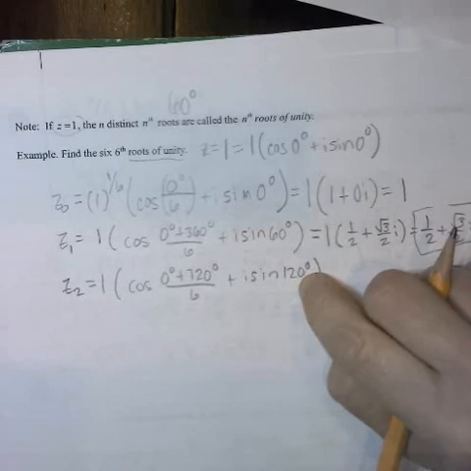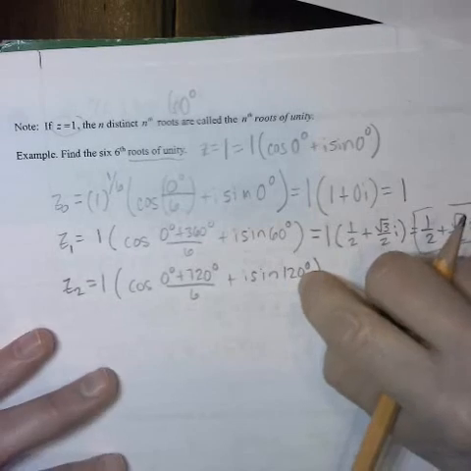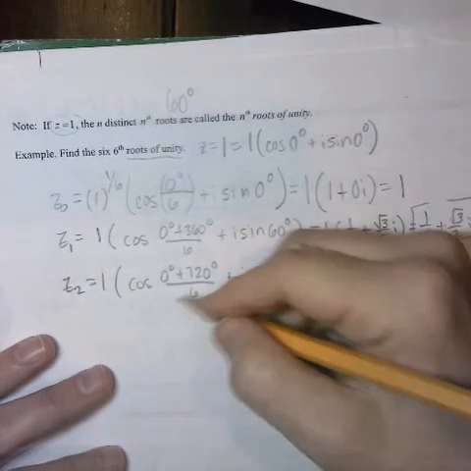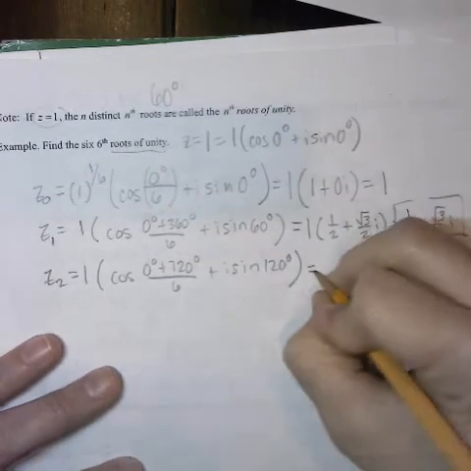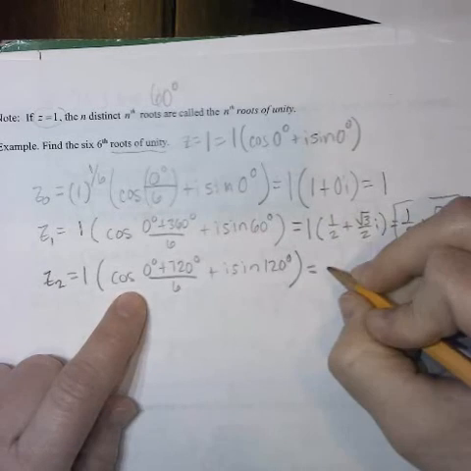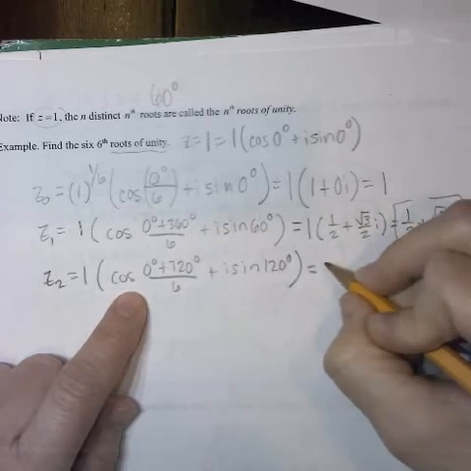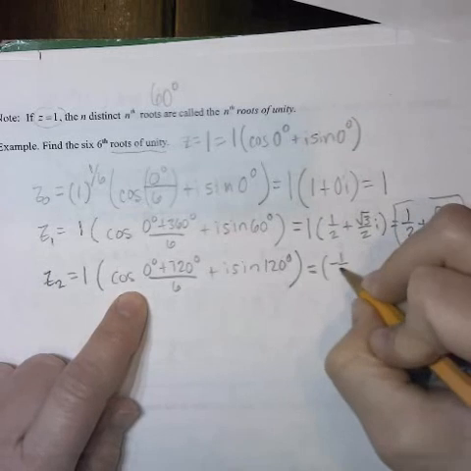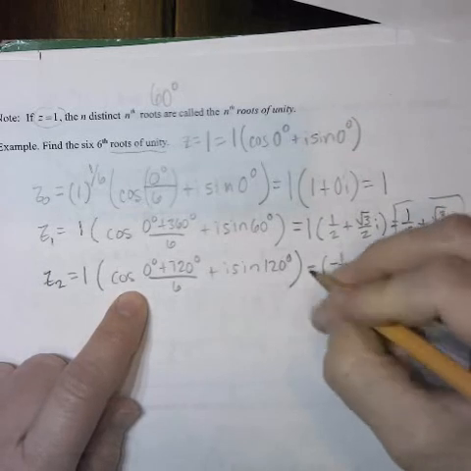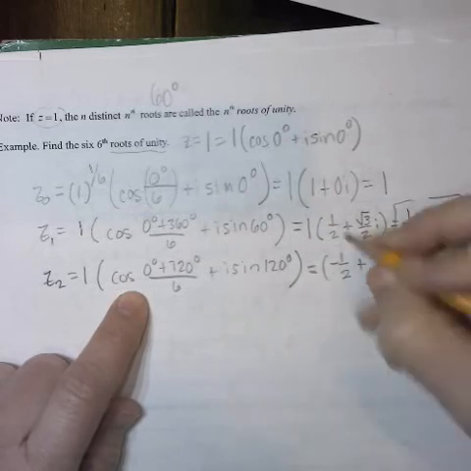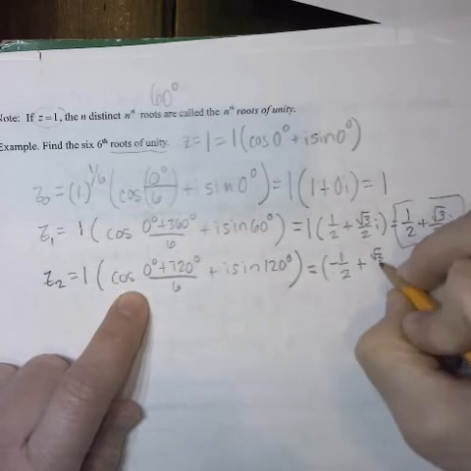So if you understand that relationship, it kind of makes it easier. You don't have to plug it in here all the time. So cosine of 120 degrees, that's in quadrant 2, so negative 1/2. And then in quadrant 2, sine is positive square root of 3 over 2. I don't need the parentheses.